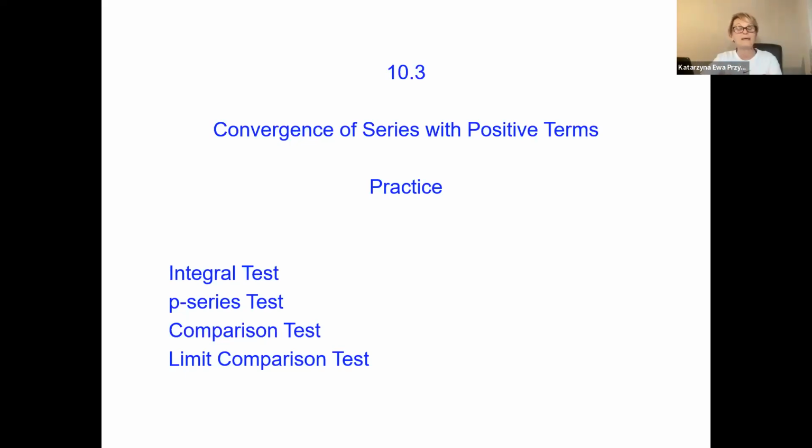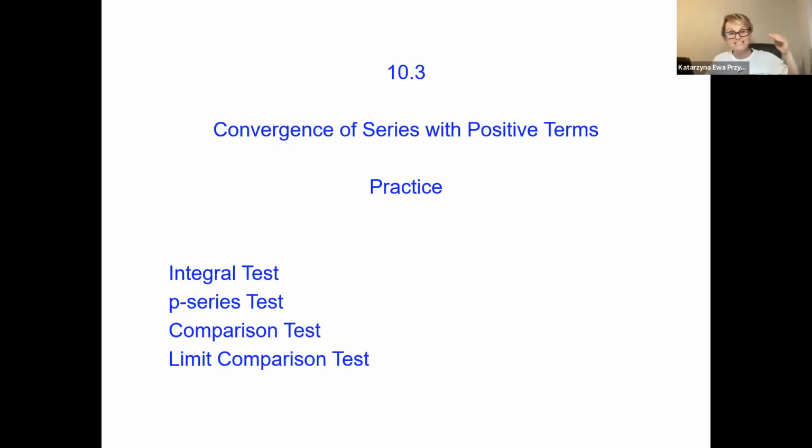Well, that's simple. But not all of the series that we will see are the nice, obvious geometric ones. We will have different mathematical expressions, and we still have to identify convergence or divergence.